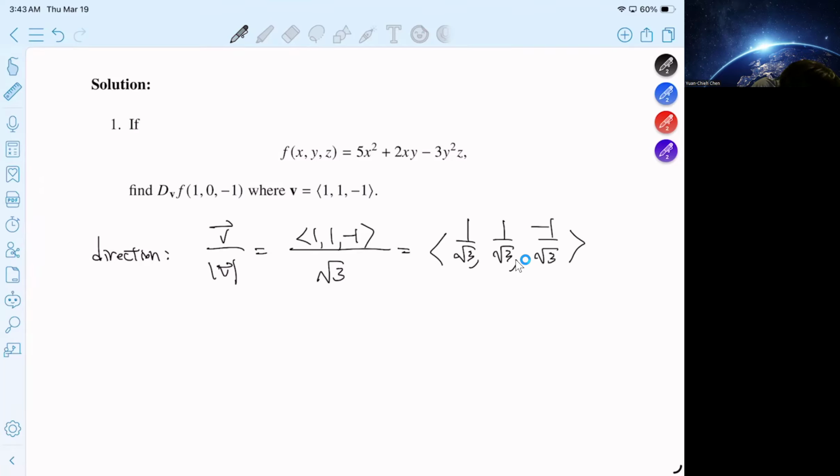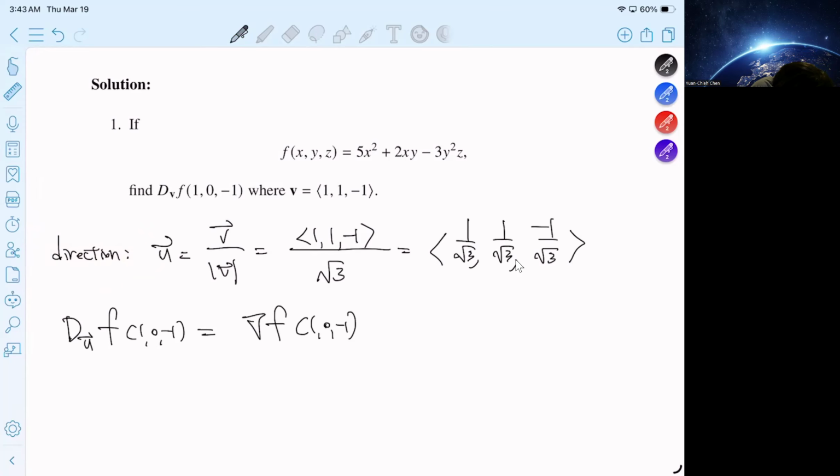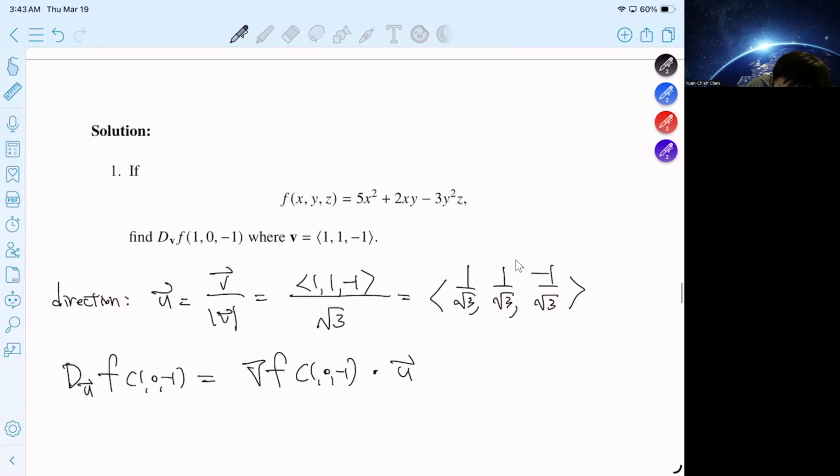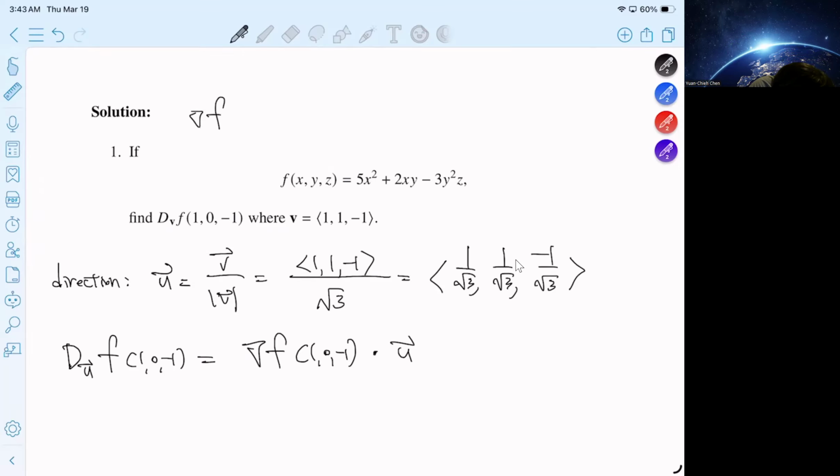Let me write the direction as u. So u is this one. Then D_u f at (1, 0, -1) is the gradient of f at (1, 0, -1) dot u. So we only have to find the gradient, evaluated at (1, 0, -1). Taking derivatives, fx is 10x plus 2y, and there's no x in the third component.